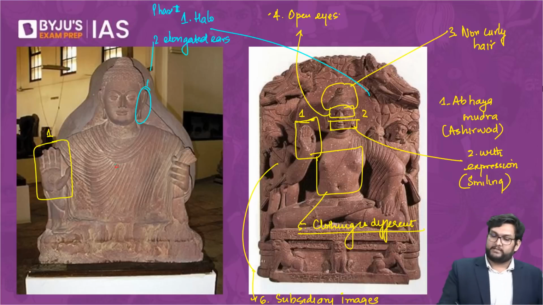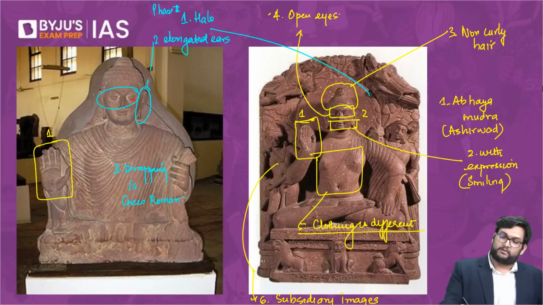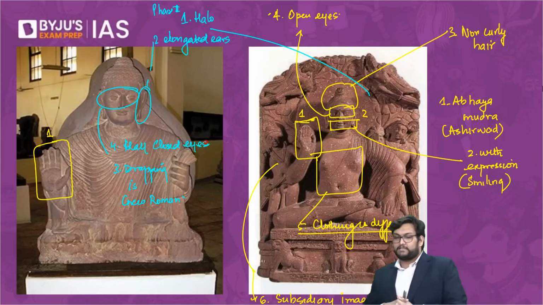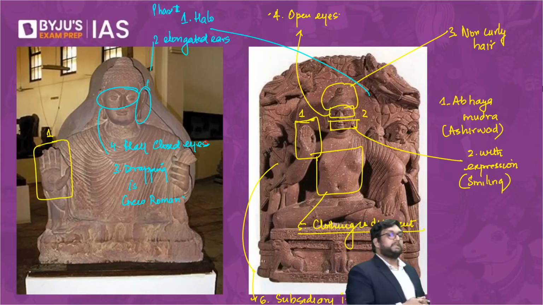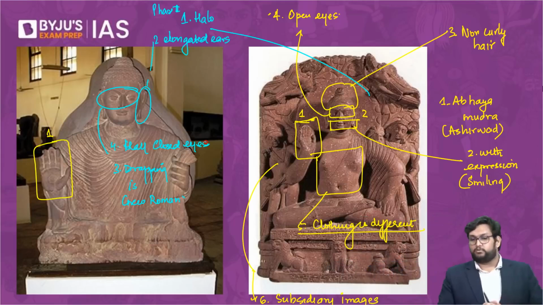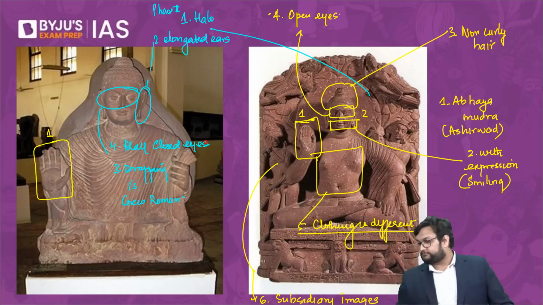Then if you look at the draping here, the draping is Greco-Roman. The half closed eyes also come through. And in that regard, there are certain things which permeate into the Mathura school.